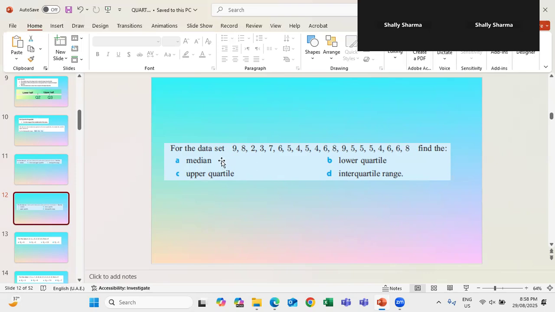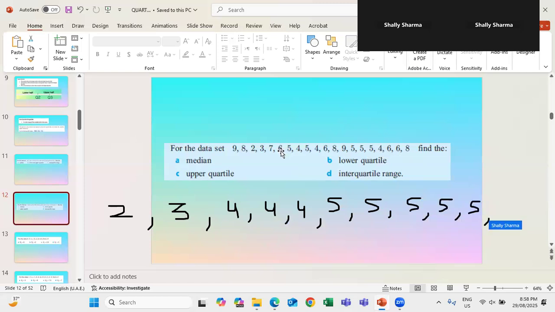First, again, we have to arrange the data in ascending order. So the lowest value I can see here is 2. Then we have 3. 3 is only one time. Then we have 4. And 4 is 1, 2, and 3 times. Then we have 5, which is 1, 2, 3, 4, 5 times.